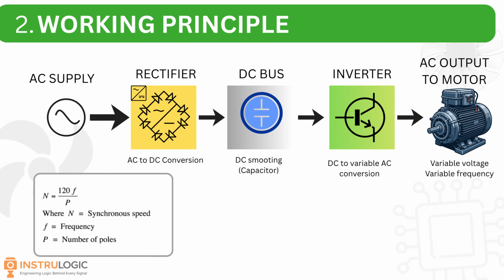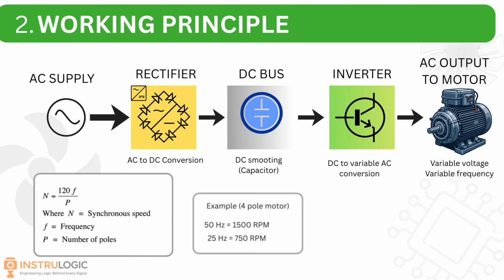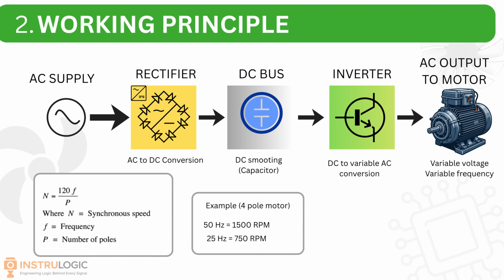By changing the output frequency, the VFD controls the speed of the motor. For example, a 4-pole motor runs at about 1500 RPM at 50 Hz, but at 25 Hz, the speed drops to approximately 750 RPM. This simple process allows precise and efficient motor speed control.